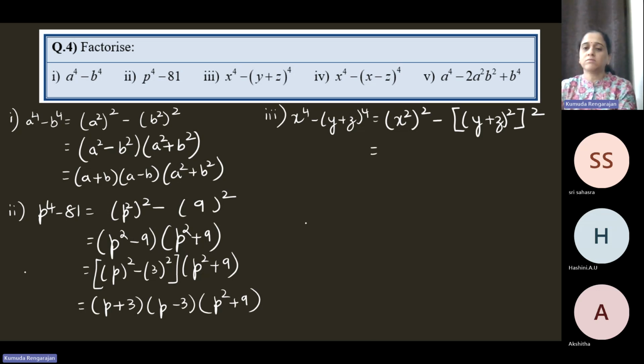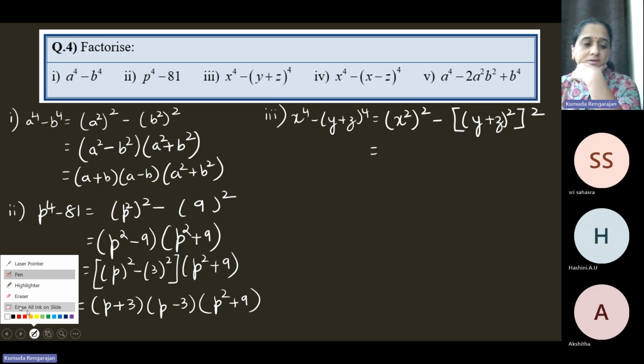Now, what is your a? x squared. What's your b? y plus z the whole squared. Your a is x squared and b is y plus z the whole squared.